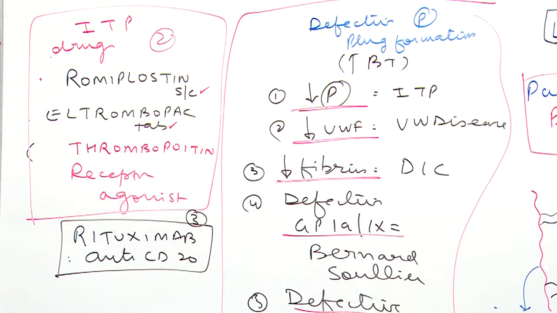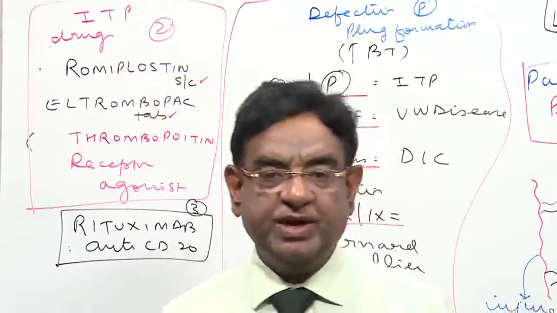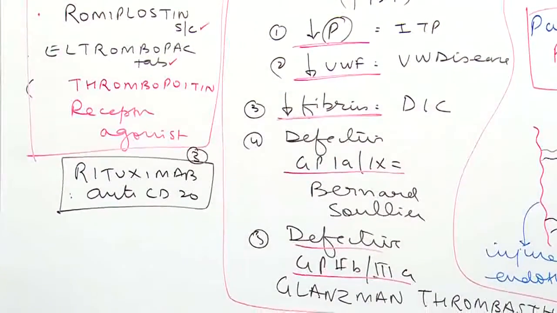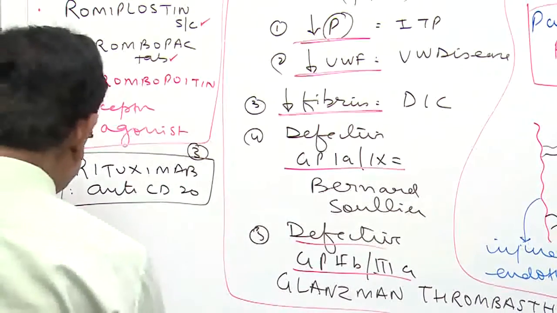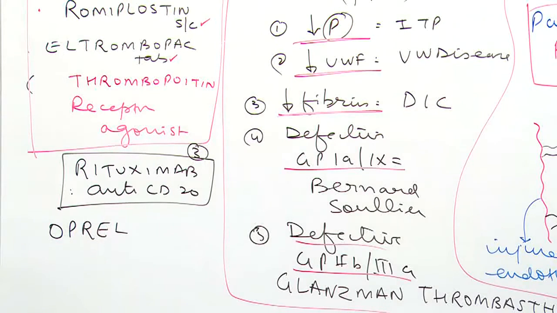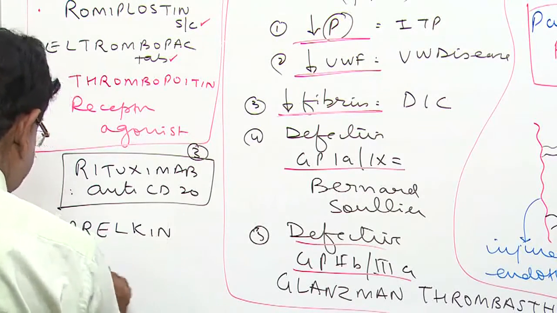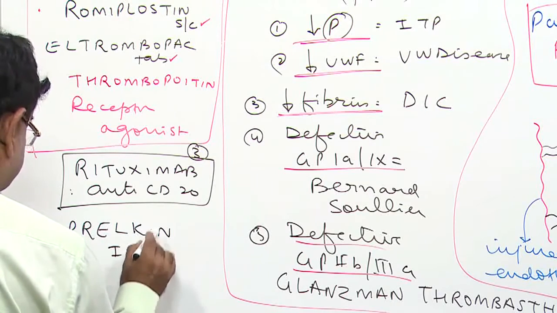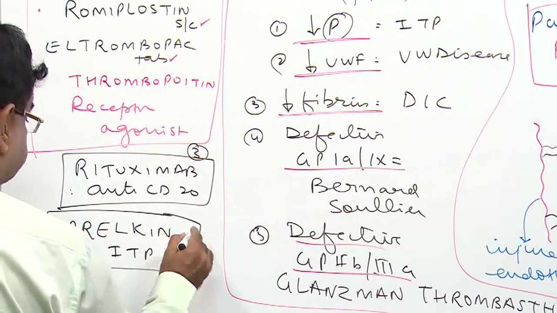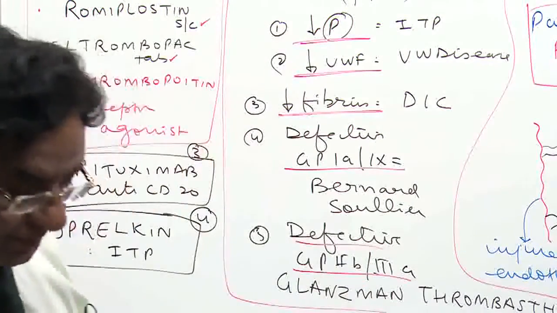But we have one more new drug, which is again a recent advance, that is oprelvekin. It's a new drug for the treatment of ITP. This is box number 4. So we have 1, 2, 3 and 4 new drugs in the treatment of ITP.